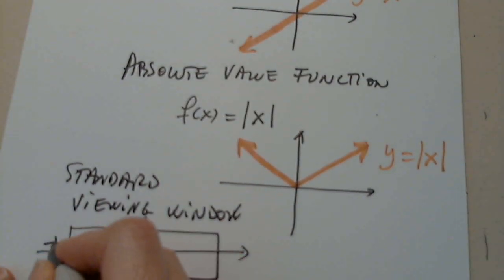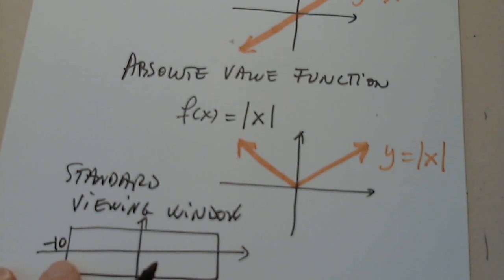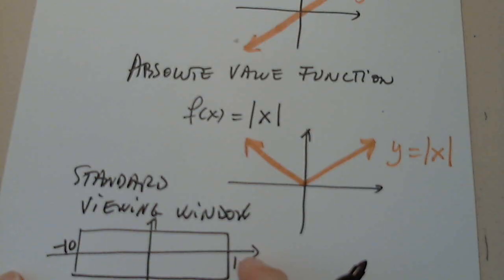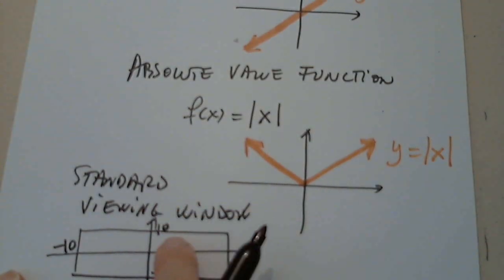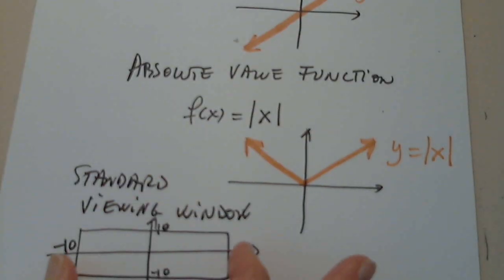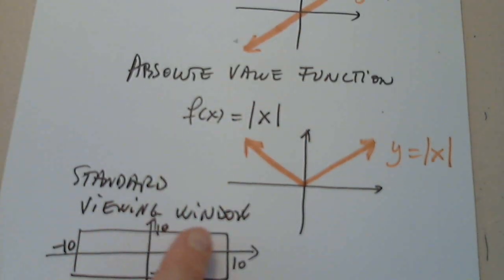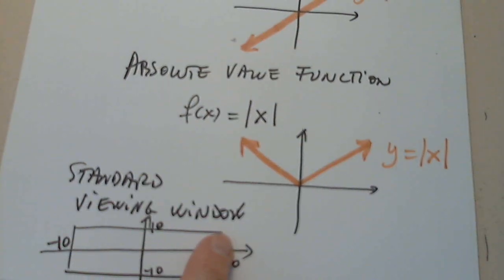It means -10 at the left edge of the window, +10 at the right edge of the viewing window, -10 at the bottom, and +10 at the top. In other words, we only see for x between -10 and 10, and for y between -10 and 10. That's what the standard viewing window represents.